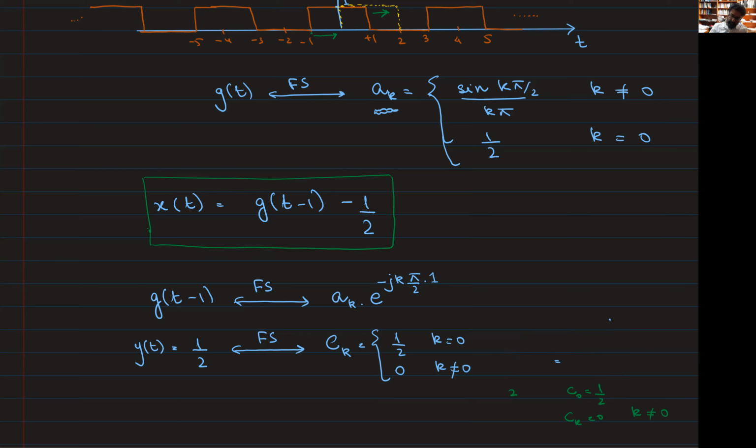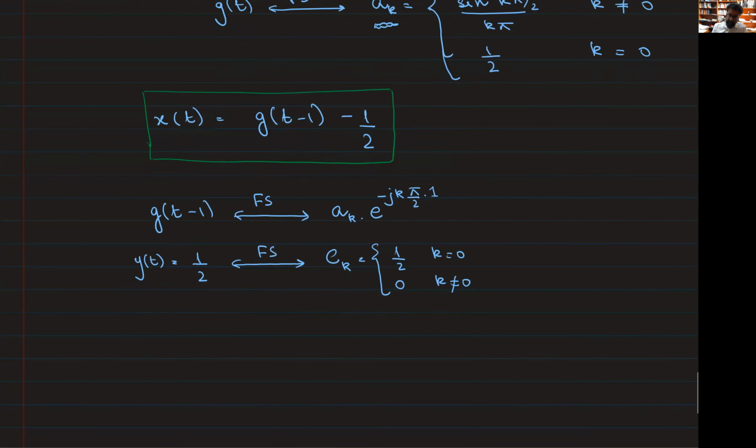All right. Now, what property should I use now? For x of t, which is equal to g of t minus 1 minus half, the Fourier series coefficients must be equal to a_k times e raised to the power minus j k pi by 2, which is the Fourier series coefficient of g of t minus 1, minus c_k.